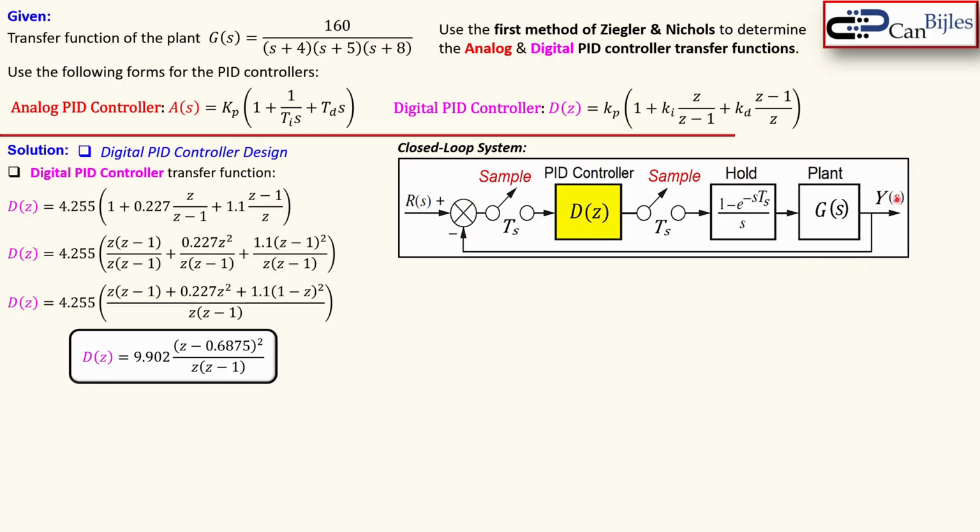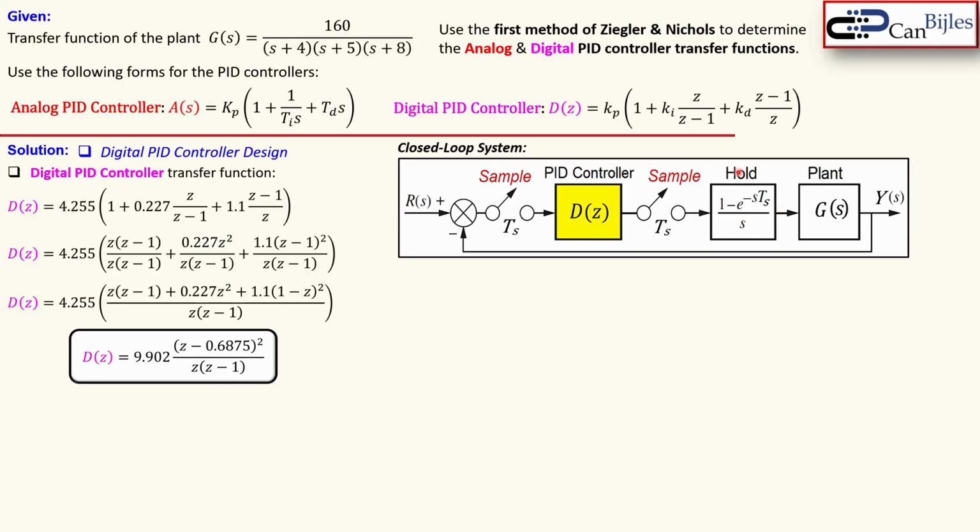This is the output Y, so it is exactly the same as before. Now we get a sampler in front of this PID controller, which is our D(z), and also after that. That is sampling at the sampling period of Ts we have selected as 0.1 second, but it can of course be anything else. And then we need to hold that sample, because this should be sampled. So you sample something and then you need to hold it and then process that to the plant.